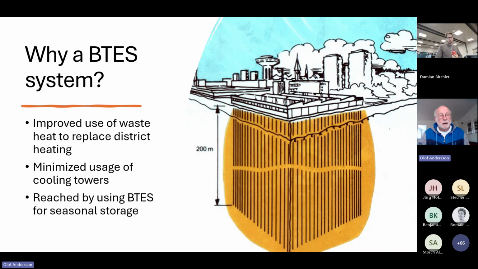They were thinking, if we can use such a seasonal storage to take care of the waste heat from the summer and use that to improve the waste heat usage and cut the district heating, that would be nice.